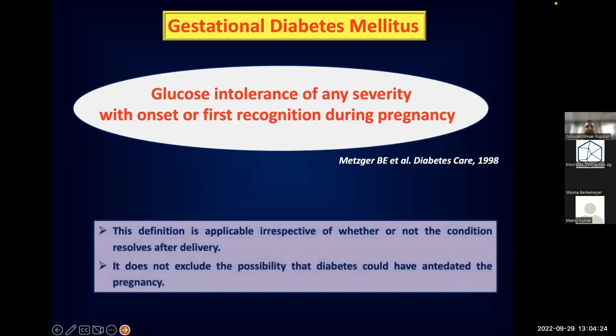This definition is applicable irrespective of whether or not the condition resolves after delivery. It starts from around 28 weeks of pregnancy and ends around 40 weeks, and it does not include any possibility that diabetes could have antedated the pregnancy.